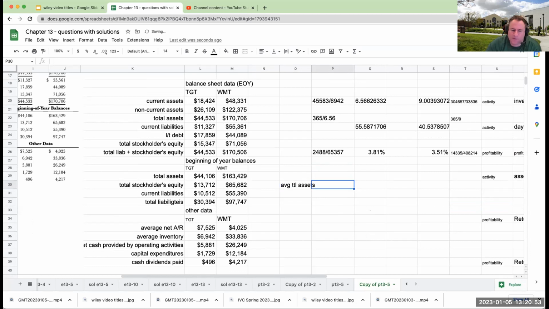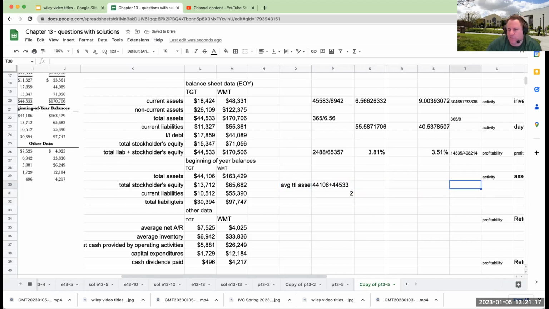For Target, it's going to be my beginning of year balances. So this is going to be 44,106 plus 44,533. This is going to be my average total assets. So I'm going to take 44, divide this by 2.